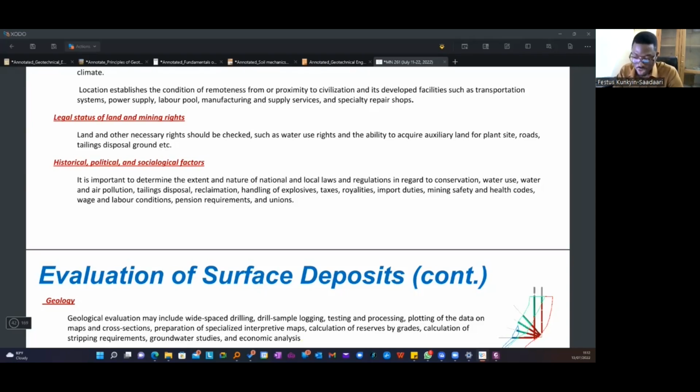So you want to deal with surface mine, there will be water bodies all over. You want to set up tailings dam. You may want to set up a processing plant and all these things.